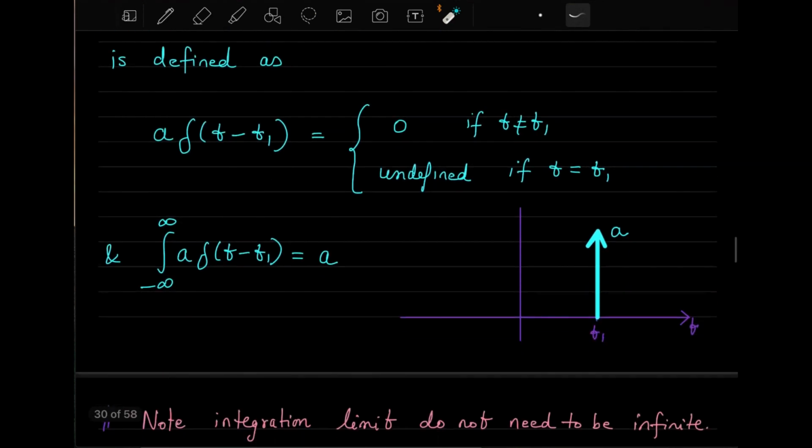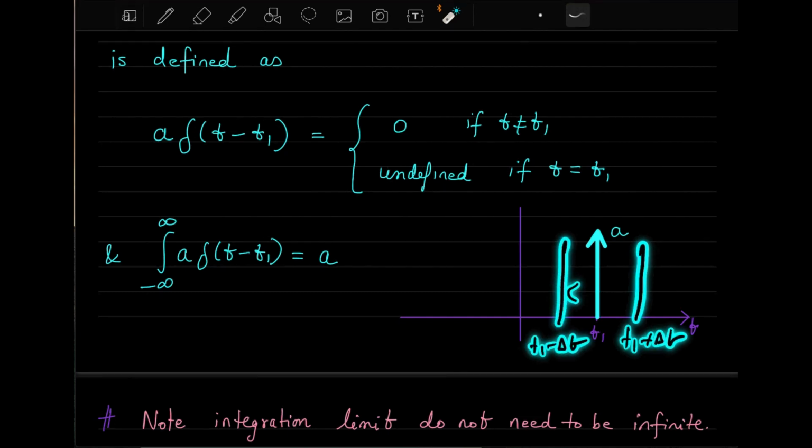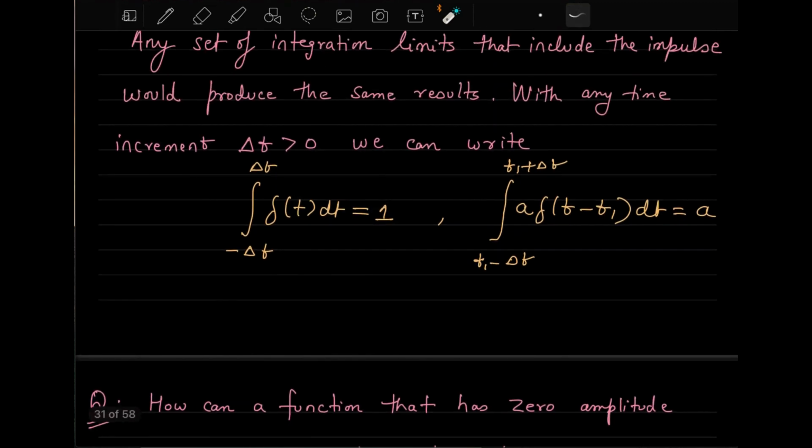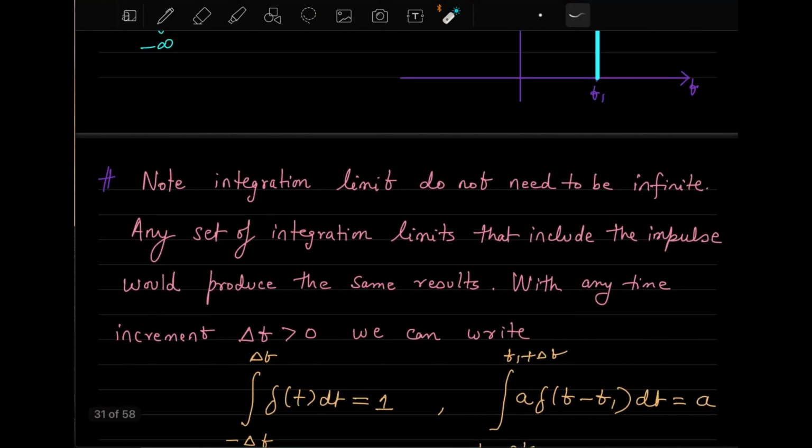If you take t1 plus delta t and t1 minus delta t, then you have this impulse lying within this limit, so you can have this value as a. So this is also important: it's not always necessary that you have minus infinity to infinity. You can have these limits also. Any questions here related to this?